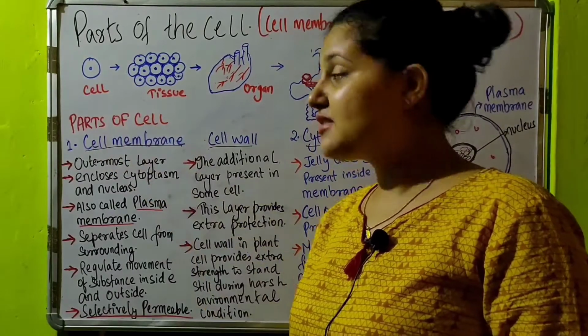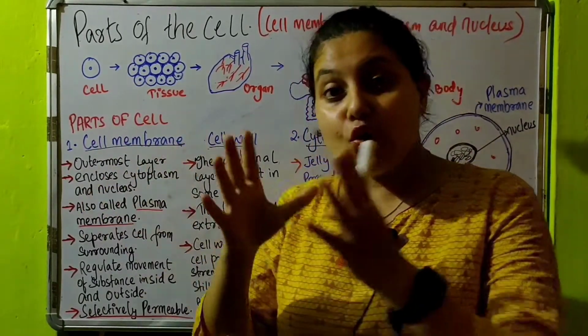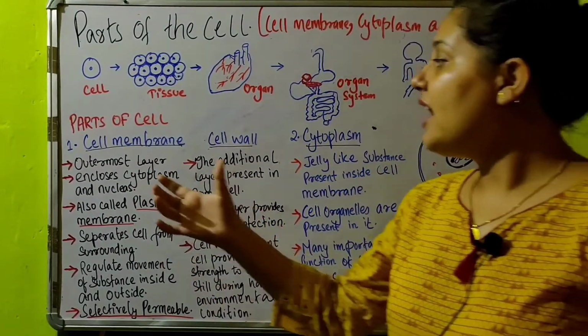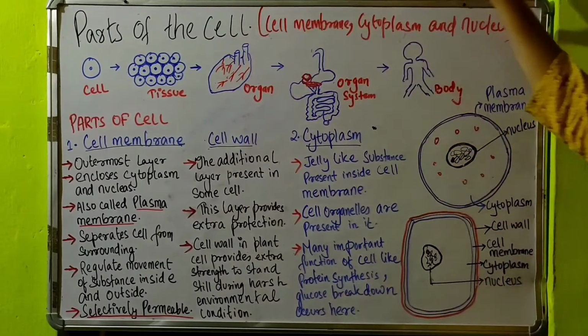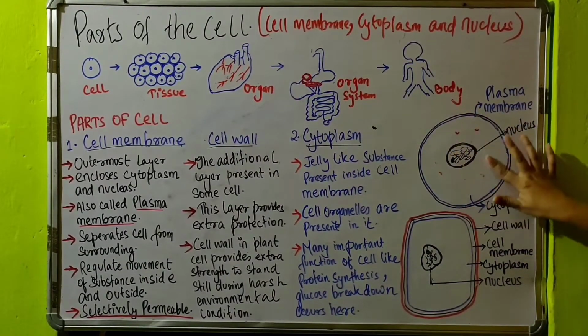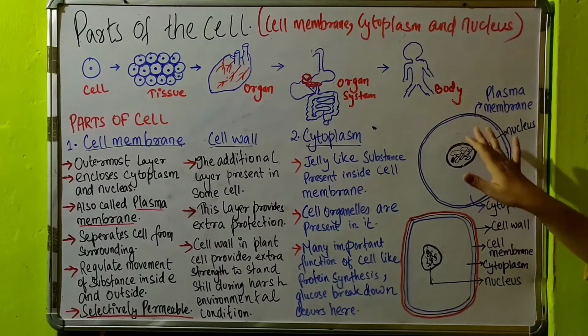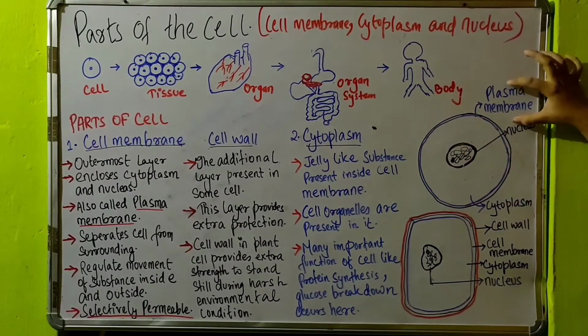Now coming to the parts of the cell, the cell membrane. The cell membrane is the outermost layer of the cell. It encloses the cytoplasm and nucleus. Come to this picture and you see this outer layer is the cell membrane or plasma membrane.